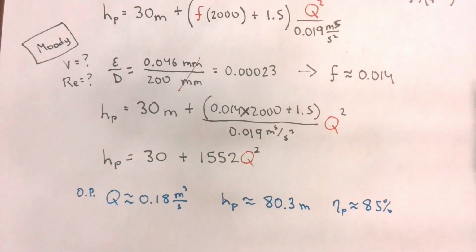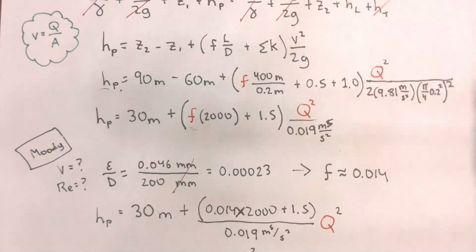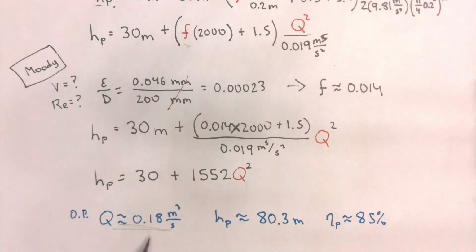Before I finish this problem, there are a couple of notes. We have this flow rate, right? But we got this flow rate assuming that the flow was fully turbulent. So when you get to this point, you would want to check if your assumption was correct. Now, how do you check if your assumption was correct? Well, you can find the friction factor using that flow rate. So you can say that the friction factor is a function of Reynolds number and relative roughness.